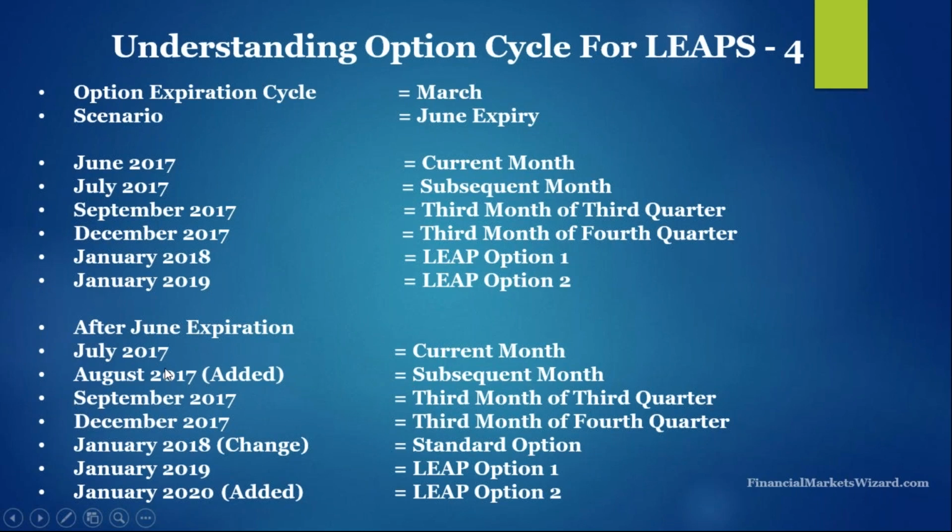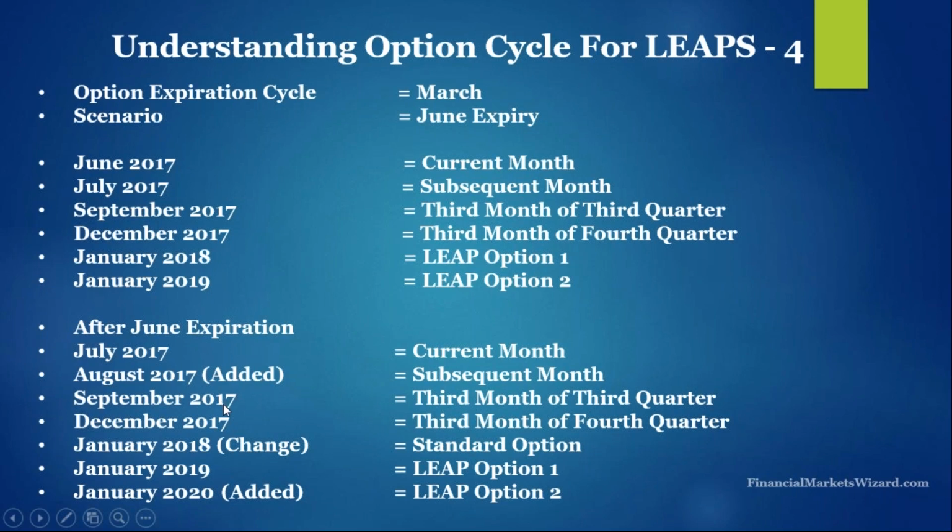We must have one. Because if July is the current month and there is only 1 week left to trade in July, and we don't have August, then where do we trade? So August will be added, right?